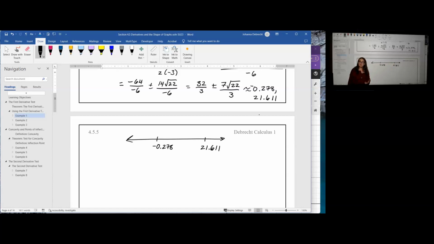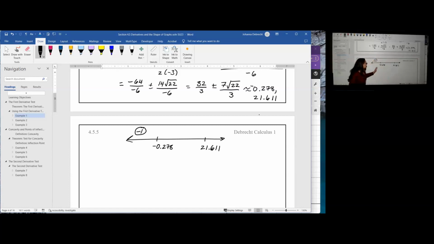Now we're going to take test points, points between the critical points, but in the domain, and we're going to find the sign of the first derivative at those points. I like to write them down and circle them so I know which ones I've used. To the left of negative 0.278 would be, well, I could use negative 0.3, but negative 1 would be far simpler.